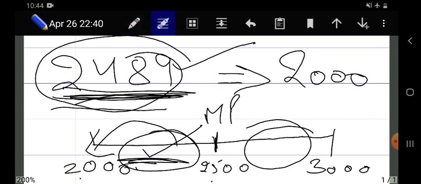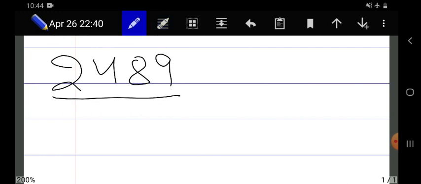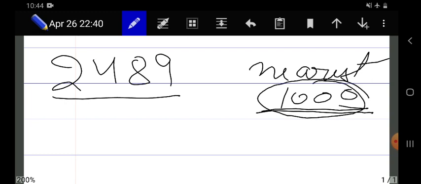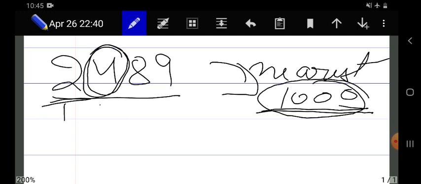Another method for estimating this number, 2489, to the nearest thousand: we take the place value before the thousand, that is the hundreds place, and the number at that place is 4.